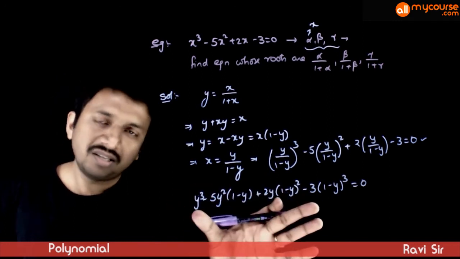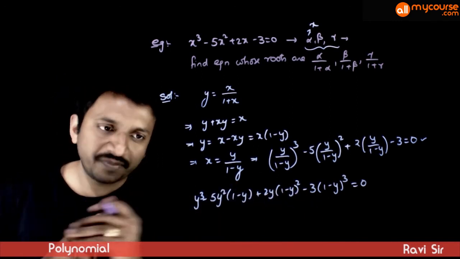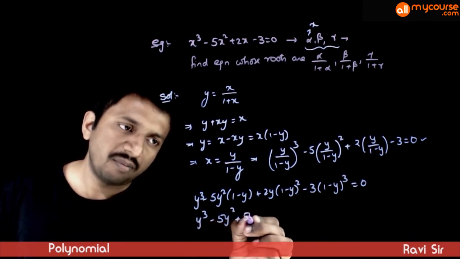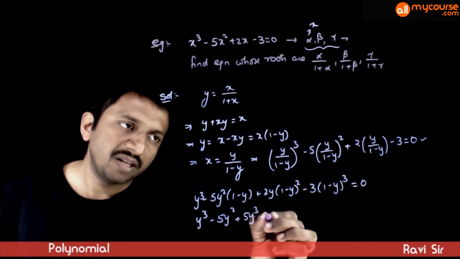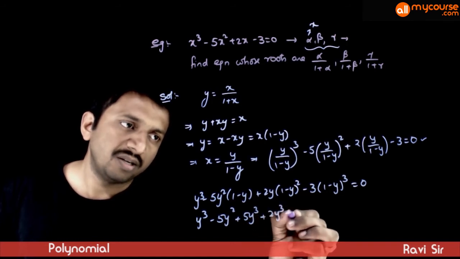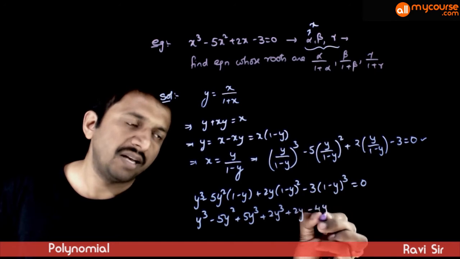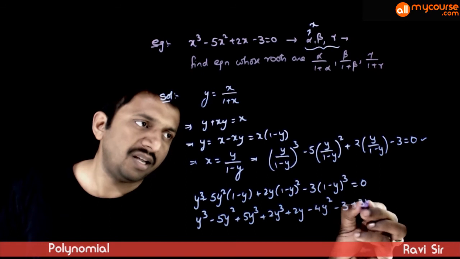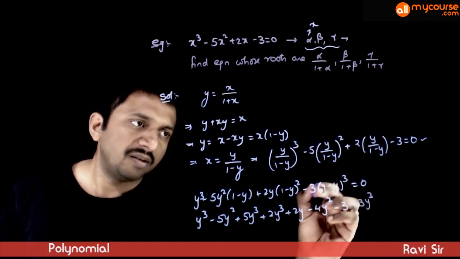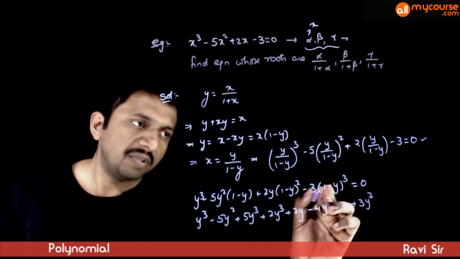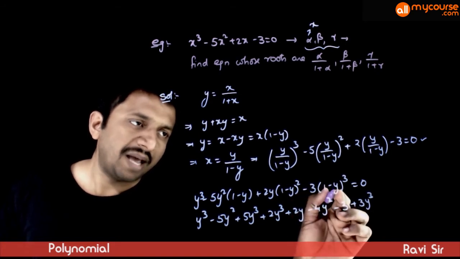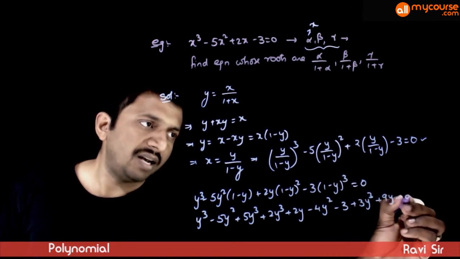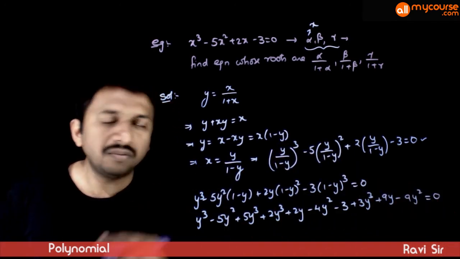So you just need to simplify and collect the terms. y cube minus 5y square plus 5y cube plus 2y cube plus 2y minus 4y square minus 3 plus 3y cube minus 3y, so plus 9y minus 9y square is equal to 0.